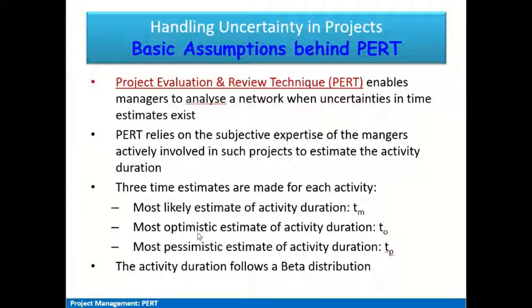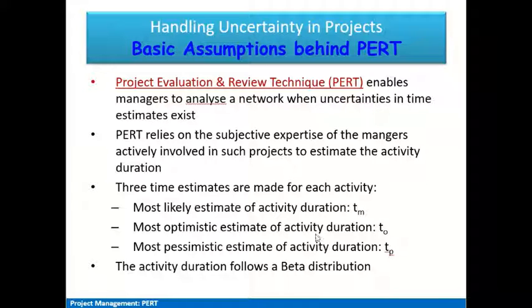This denotes that if you are positive about the progress of a project, and we are expecting it to get completed within the best, shortest possible time, what in that scenario is going to be the activity duration? That is called the optimistic activity duration, T_O. Similarly, we also ask them to tell us the most pessimistic estimate for a particular activity duration, in case they feel that something unprecedented, which prolongs the activity duration, might happen.